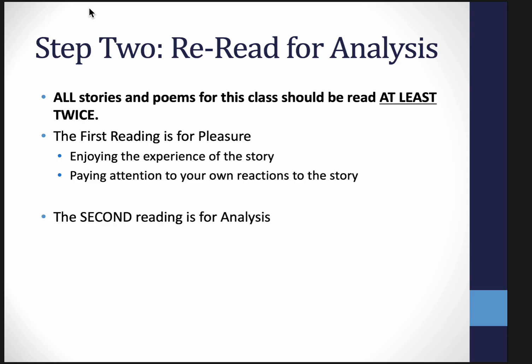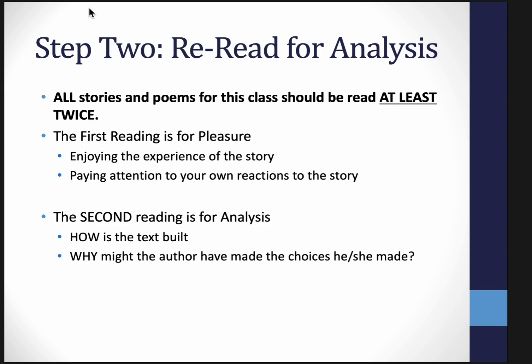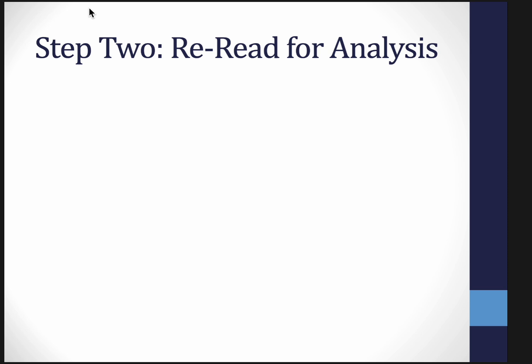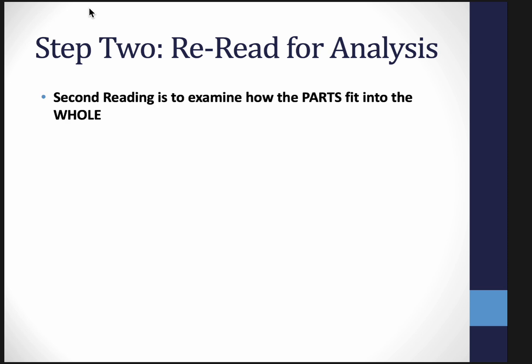The second reading of the text is really for analysis. It's where we drill down and figure out, how is this text built? Why might the author have made the choices he or she made? And more importantly, whatever the reason for those choices, what effect do the choices have on the story, on you as the reader? When you reread for analysis, you're really trying to figure out how the parts of the text fit into the whole.